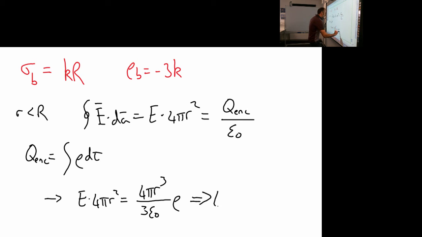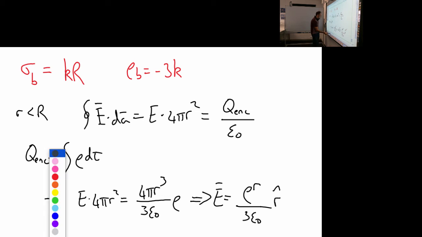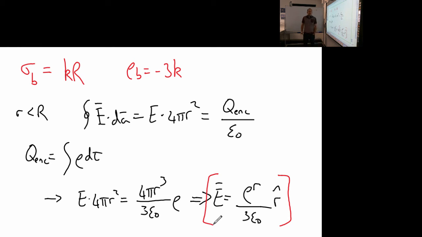So therefore our electric field will just equal rho r divided by 3 epsilon naught, and it's in the r hat direction. Okay, so there is our electric field for inside the sphere.